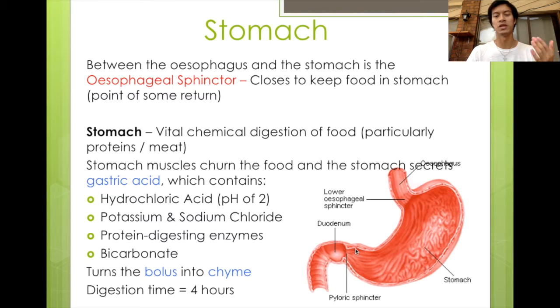The lining of the stomach contains a layer of mucus, and that mucus allows the buffer of the pH to stop the enzymes from digesting the stomach itself. When that mucus layer is eroded or broken away, you tend to get the stomach digesting itself, and that's where you get stomach ulcers from, where you get damage to your own stomach.